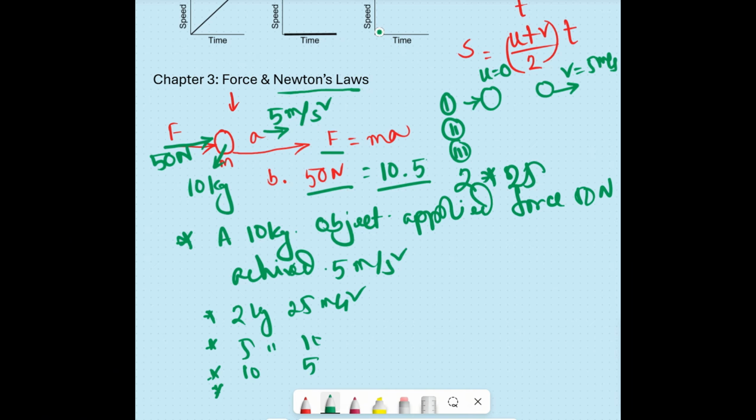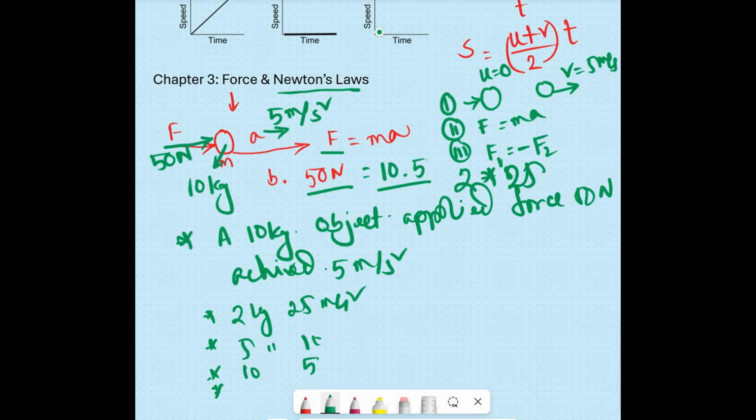And the second law says the force is equal to m into a. In some other way, we can say the force is equal to how hard you push times how heavy it is, right? Third law: every single force will have an opposite but equal force.